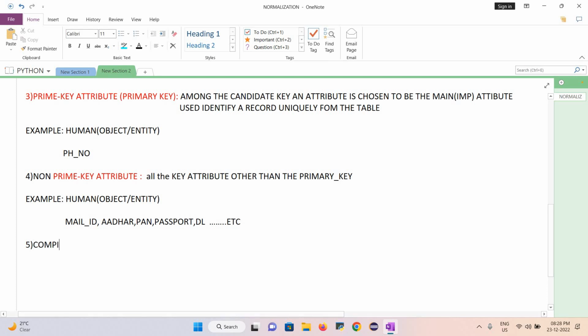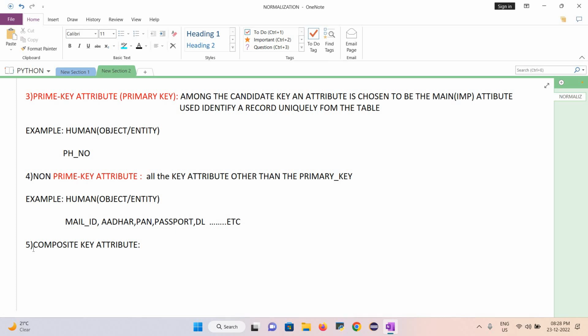Next, the fifth point: composite key attribute. What does it say? Composite key attribute is nothing but a combination of multiple attributes. So that is called composite key attributes.